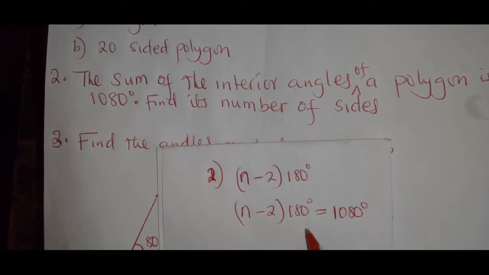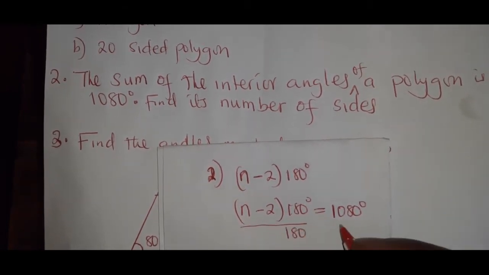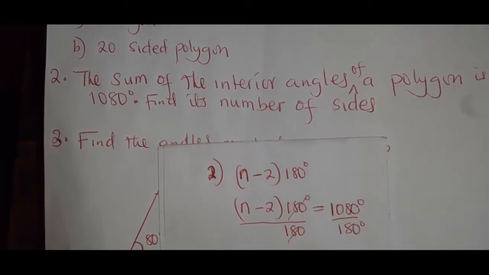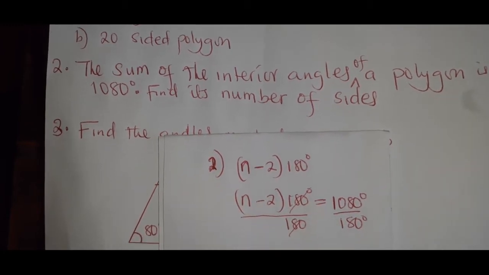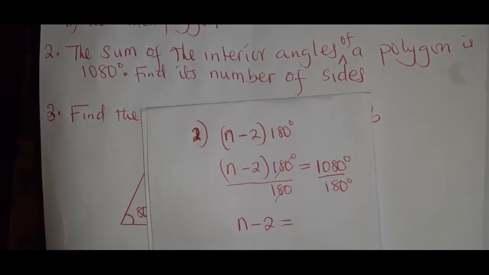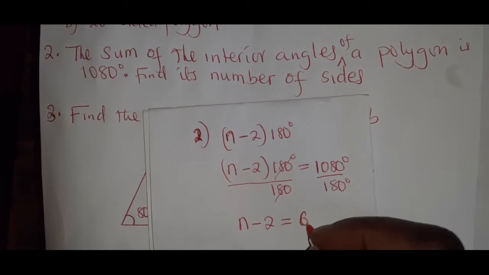To find n, we divide both sides by 180. This and this one will cancel. So we remain with n minus 2 is equal to, what are we getting when we divide here? This is going to give us 6.